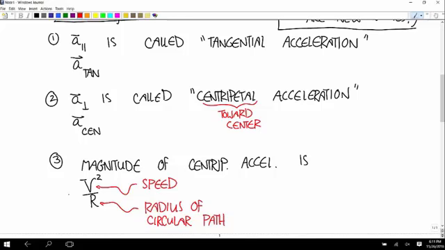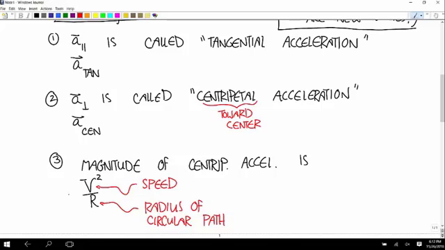So let's think about a few things with this equation. So first of all, let's make sure that the units come out right. So if you're in SI units, what are the units of speed squared? What are the units of speed? Meters per second.